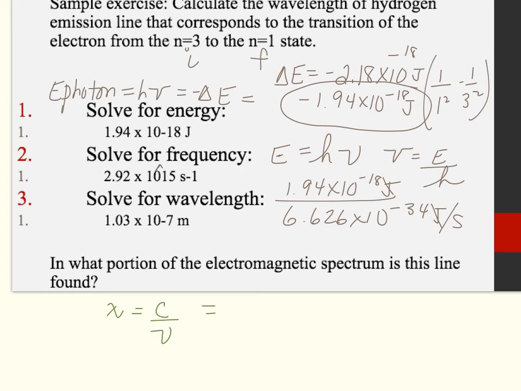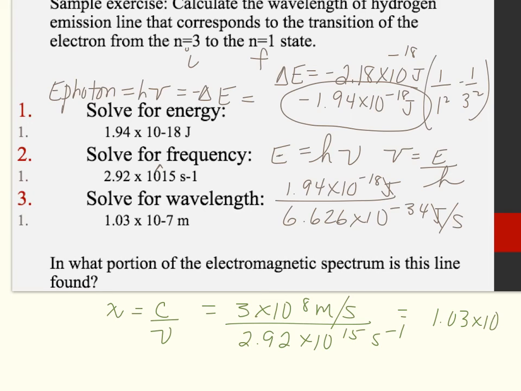The speed of light is equal to 3 times 10 to the 8th meters per second. We just solved for our frequency, which was 2.92 times 10 to the 15th seconds to the minus 1. And we're going to be left with a wavelength in meters of 1.03 times 10 to the negative 7th meters.